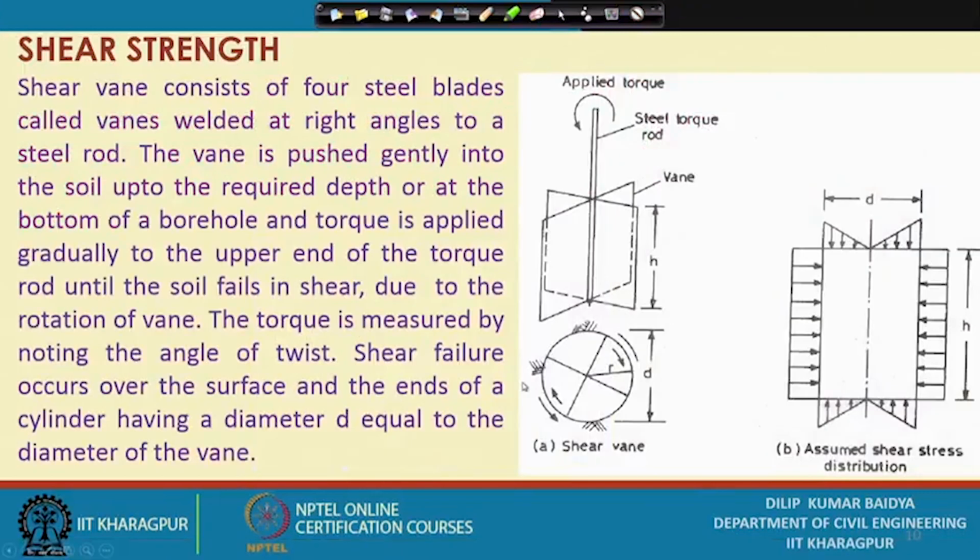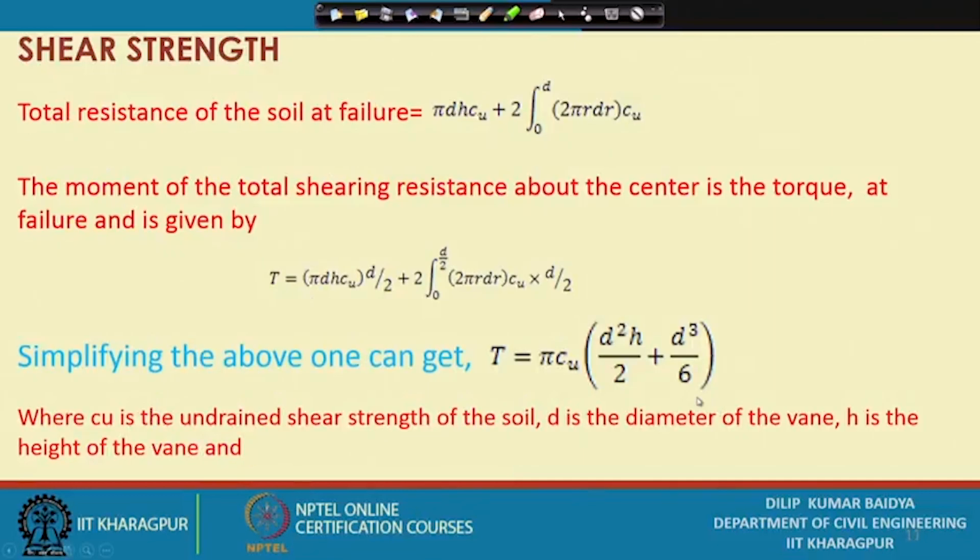So, this is the thing I have explained once again here. This is the vane, and whatever we apply, I have already told in this one, so I do not want to spend much time on it. As I have mentioned, this is the cylindrical surface, and when the vane is rotated, along this surface the shear will be there, perpendicular to this, like this.